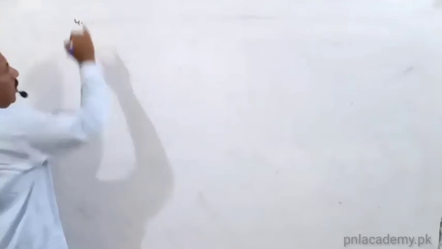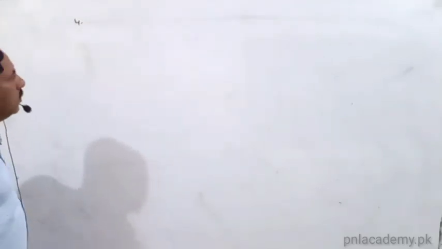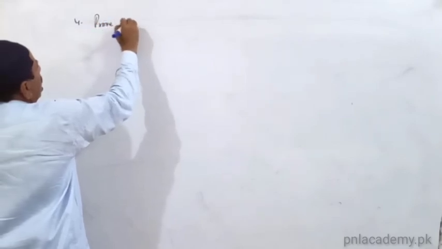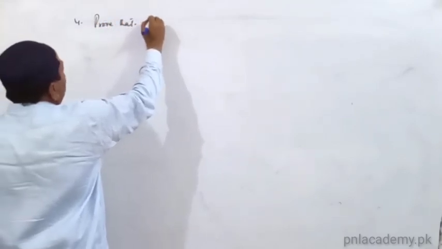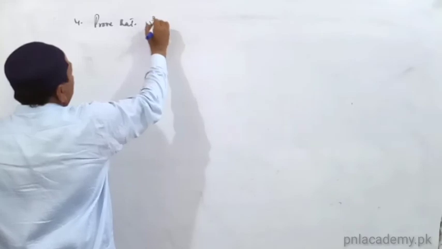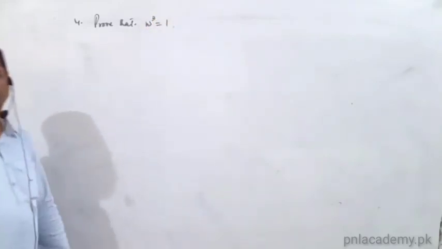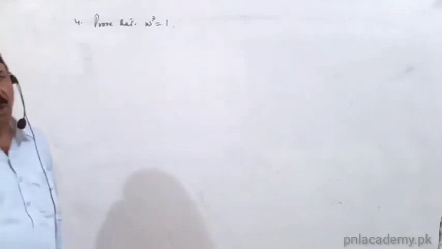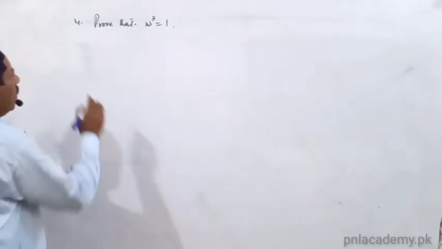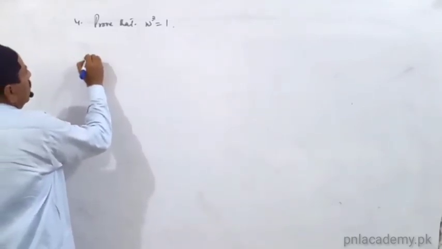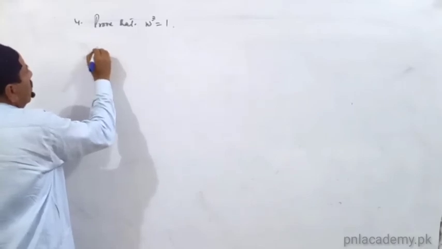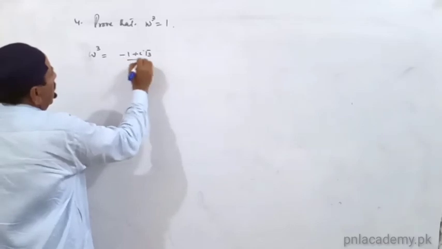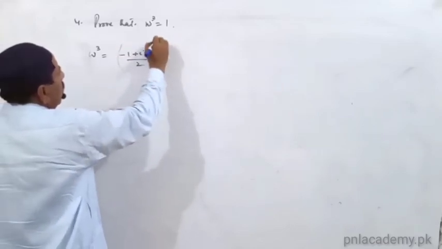Number 4 is: prove that omega cube is equal to 1. We have to prove that the value of omega cube is equal to 1. So omega cube is equal to minus 1 plus iota radical 3 upon 2 whole cube.